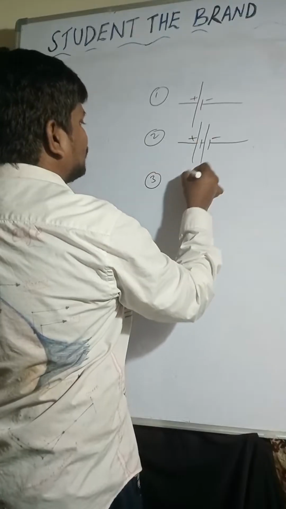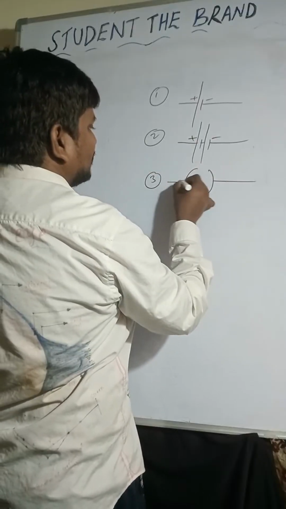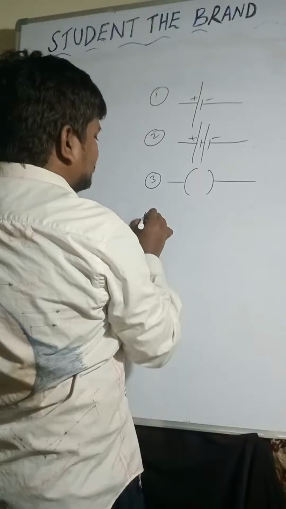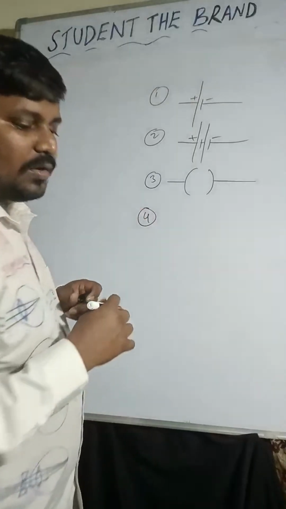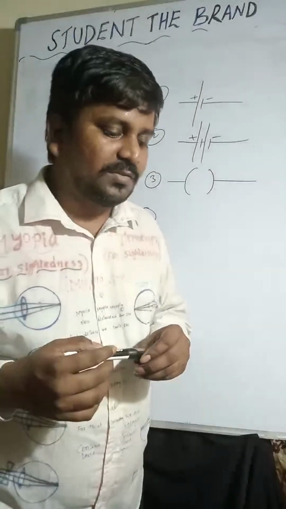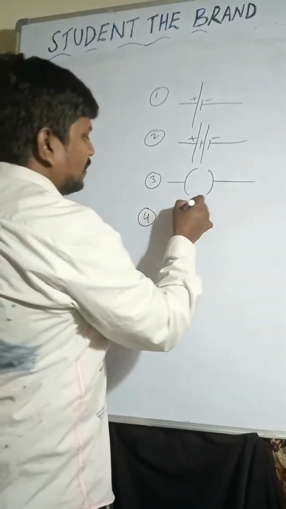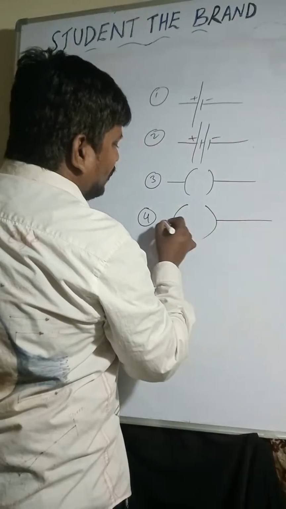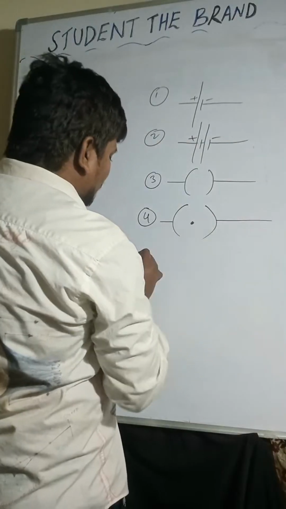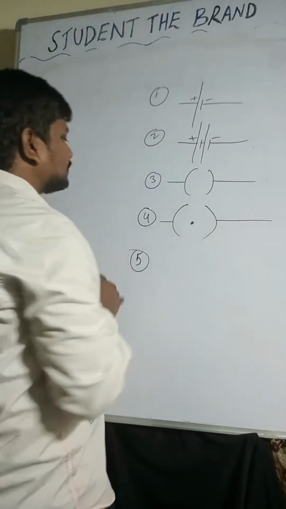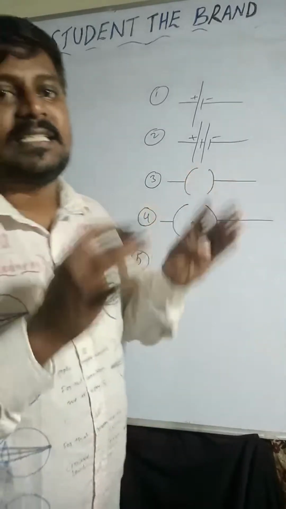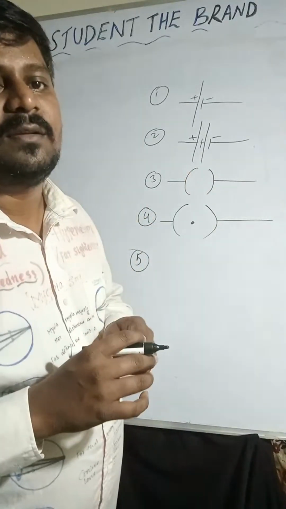Third one is the switch, the open switch. Fourth one is the closed switch. Open switch and closed switch. And the fifth one is the rheostat, which is very important.